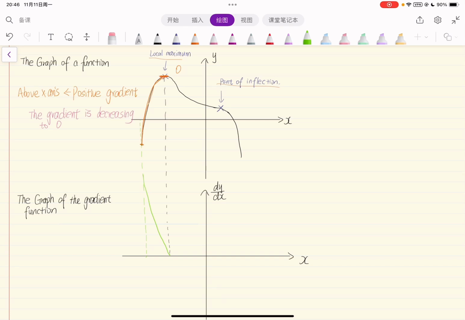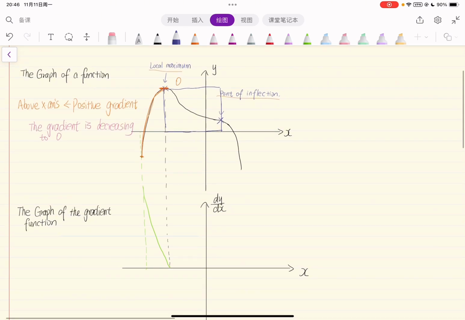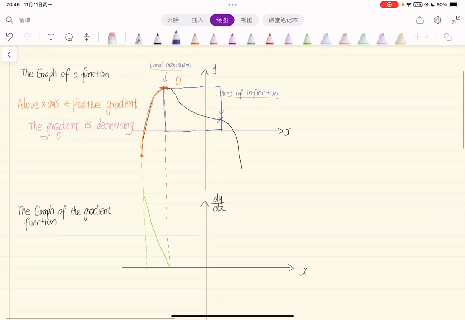And now let's focus on this part. We can see it has a negative gradient. From here to here, it has a negative gradient.